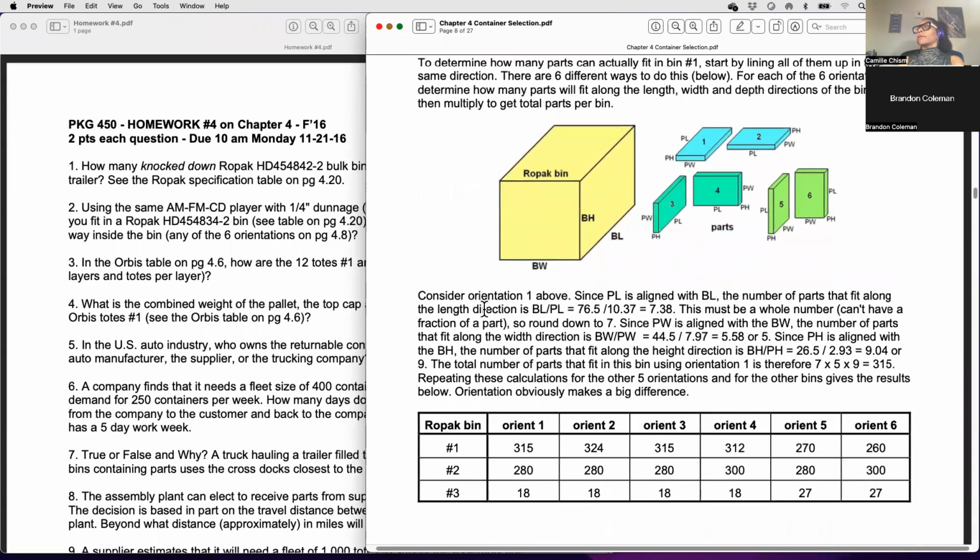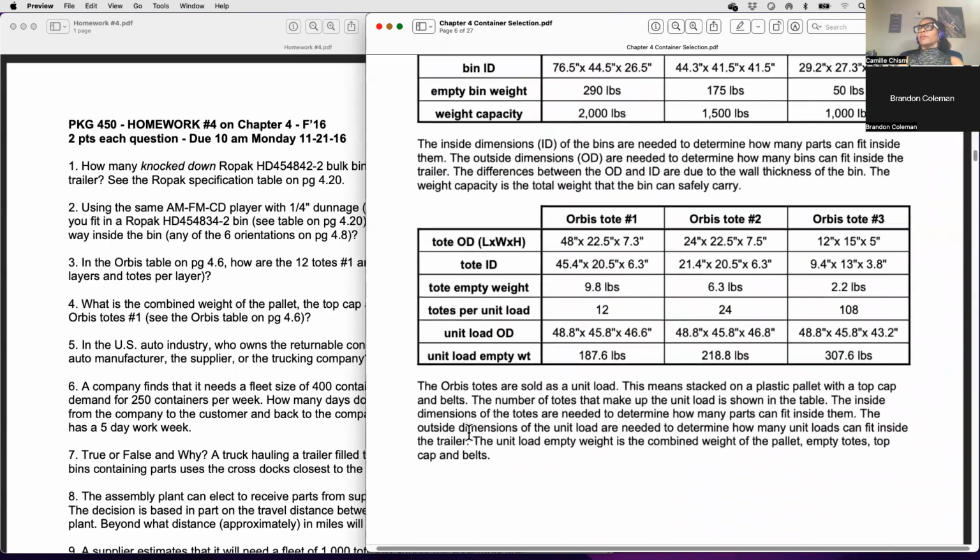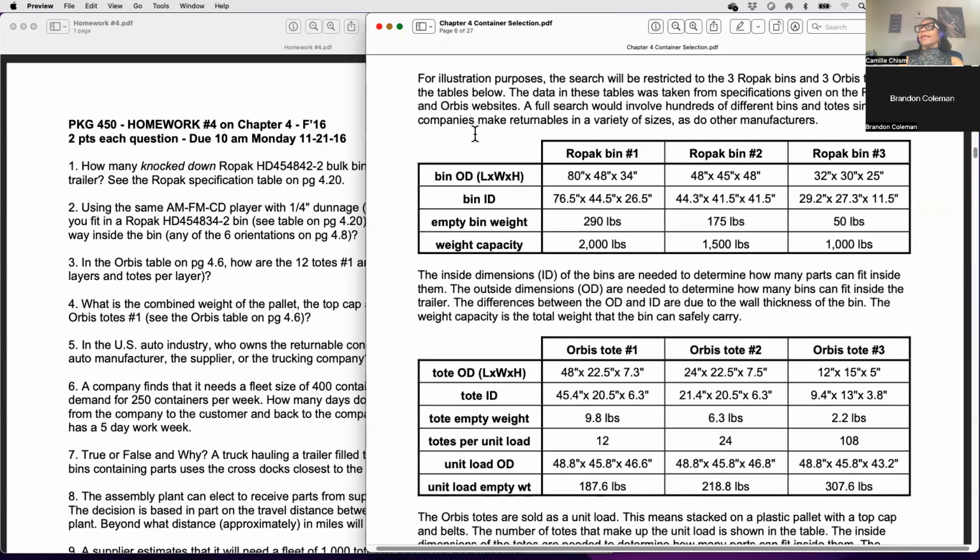So this is talking about the different orientations. So you got orientation 1, 2, 3, 4, 5, 6. So that coincides with the 1, 2, 3, 4, 5, 6. And we're looking at that same table for those roll pack bins that we talked about earlier, which is going to be this table here.